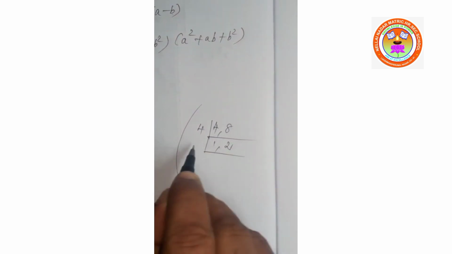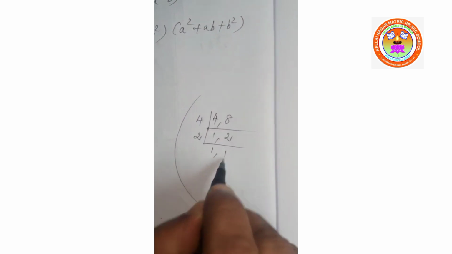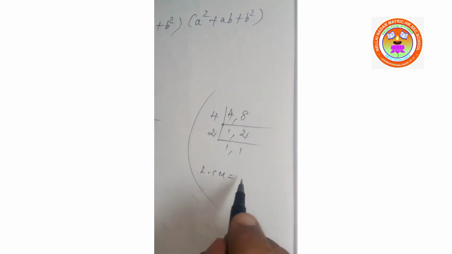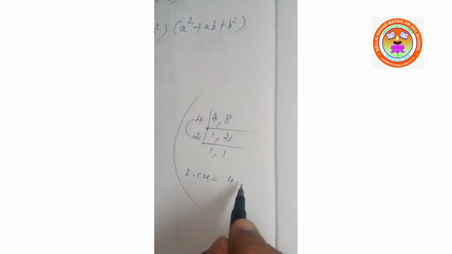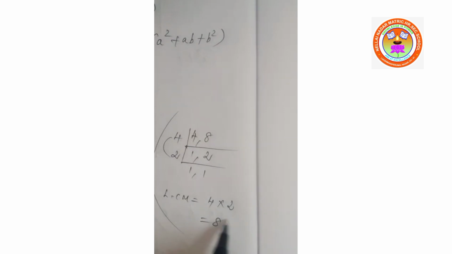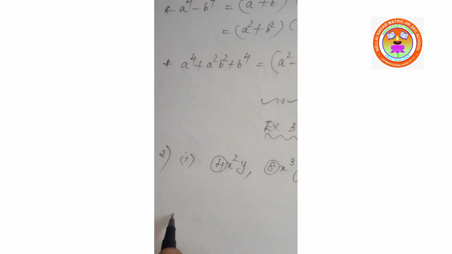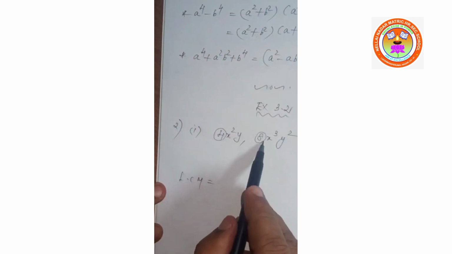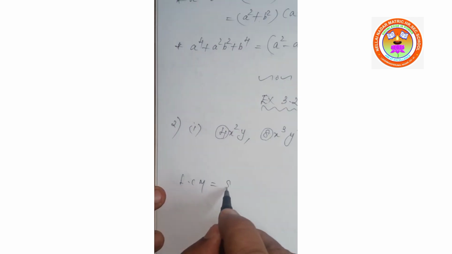Then 1 and 2 can divide by 2 table, 1 time, 1 time. See, LCM for 4 and 8 is 4 into 2, have to multiply both. 4 into 2, that is equal to 8. So now write LCM equals 4 and 8 alone. What is that LCM? 8.